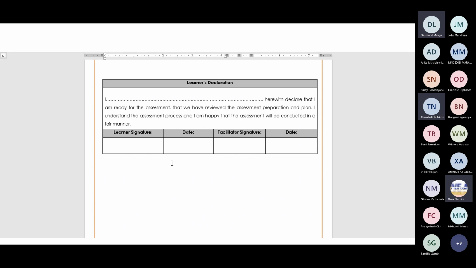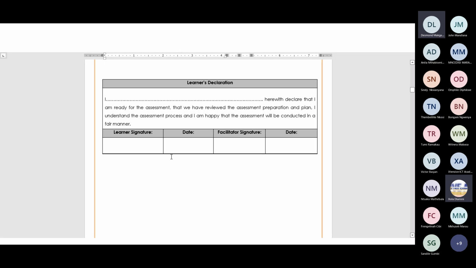People that will always get your results without your consent will be your assessor, your moderator, your verifier, HR. So people that are part of the assessment process in some way or part of the organization in some way will get the feedback. But if your neighbor comes and wants your results, we are not obliged to give it to them without your written consent. I hope that one is clear as well.